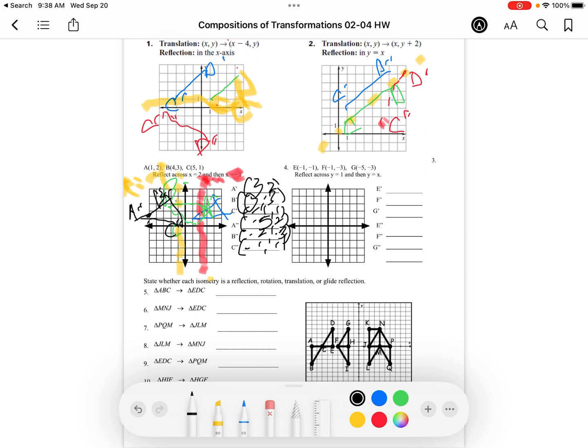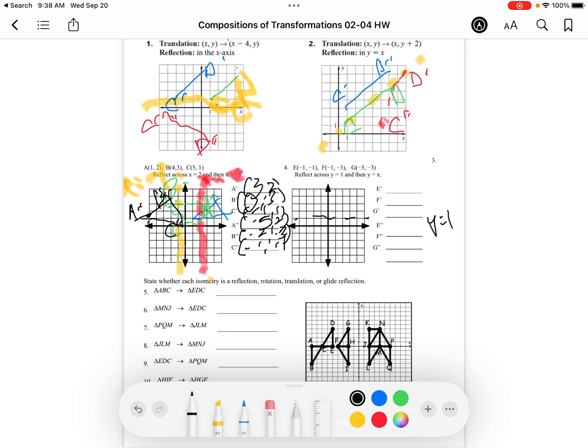We have lines now reflecting over the y equals 1 and y equals x axis. So let me draw in y equals 1 here. And that's y equals 1. And that again is a flat line, 0 slant.